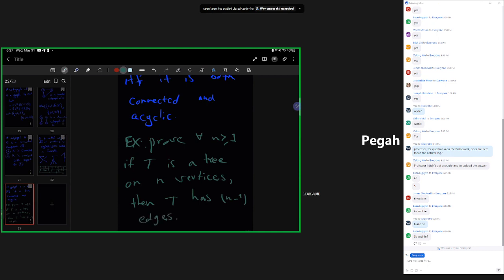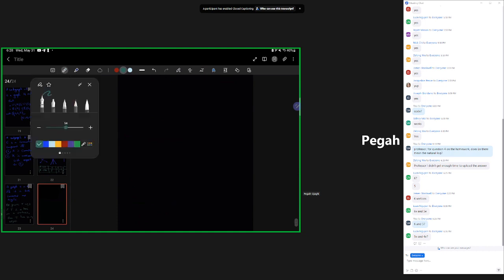What does that mean? We say, okay, I have a tree with n vertices, and I will show that it has n minus 1 edges. That's the thing that I'm gonna prove, and we need to prove it by induction.